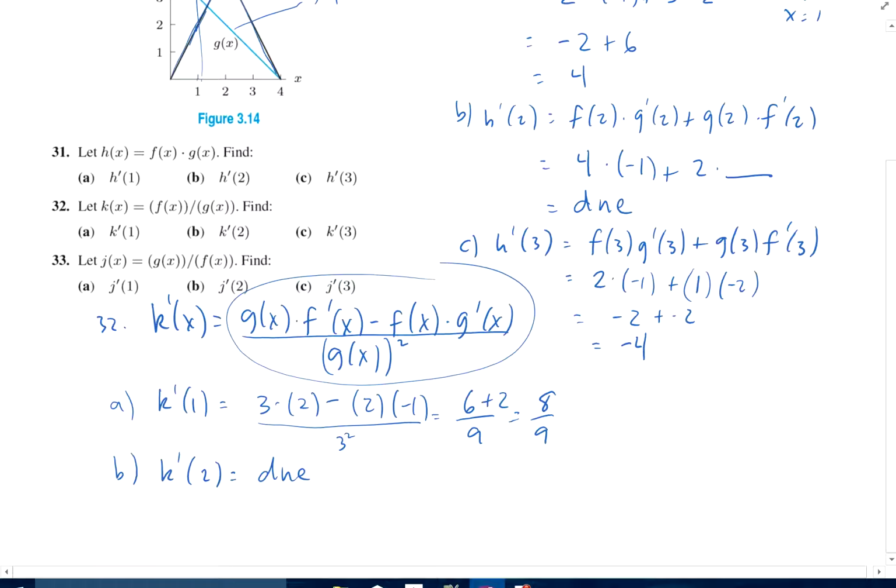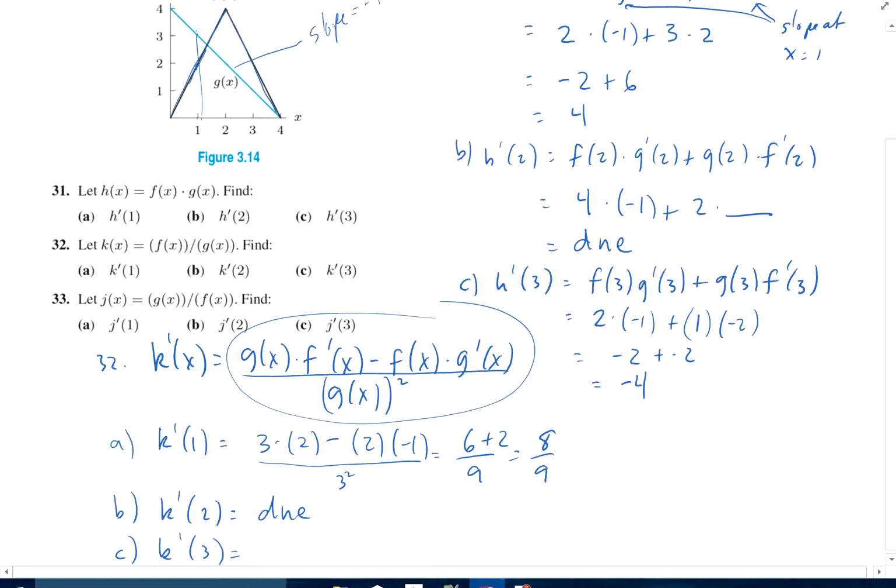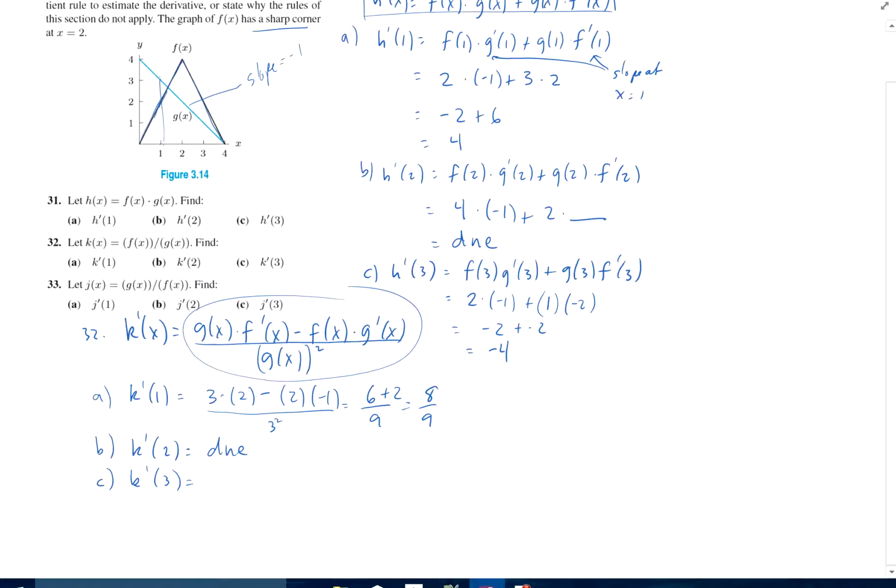Okay. And 32C, k prime of 3 is, let's see, I guess I'll do it like this. It's going to be g of 3, I'm using this formula right here.